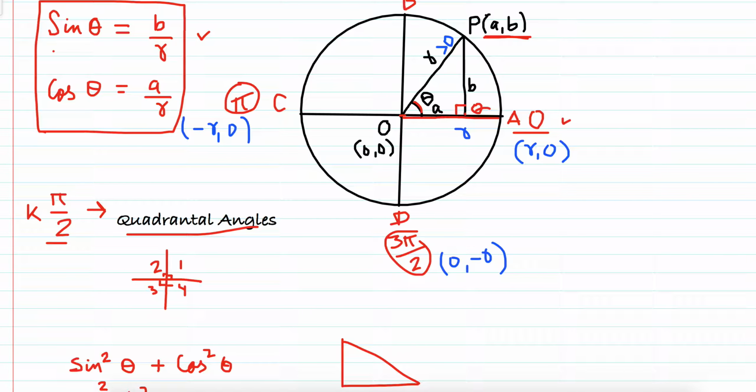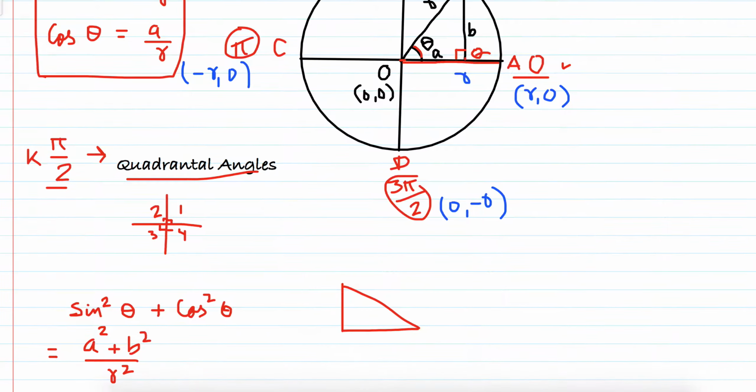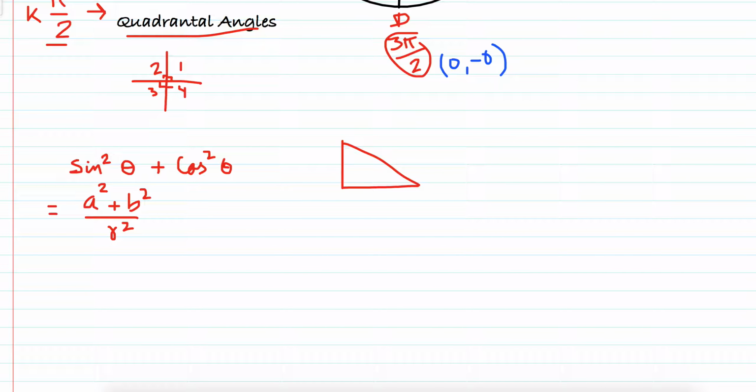So in this triangle POQ, b and a are perpendicular and base respectively, and r is the hypotenuse. So this will be equal to r square divided by r square, which is 1.